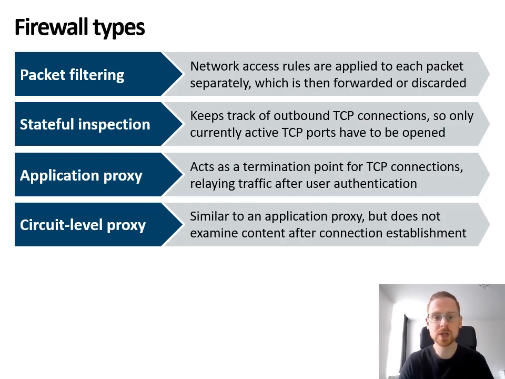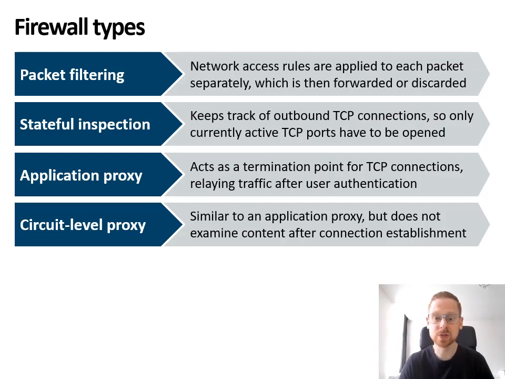The stateful inspection firewall is similar to the packet filtering firewall, but keeps track of outbound TCP connections. As such, it only needs to keep the TCP ports active of the currently active TCP connections and can more easily detect TCP traffic bound to invalid ports.